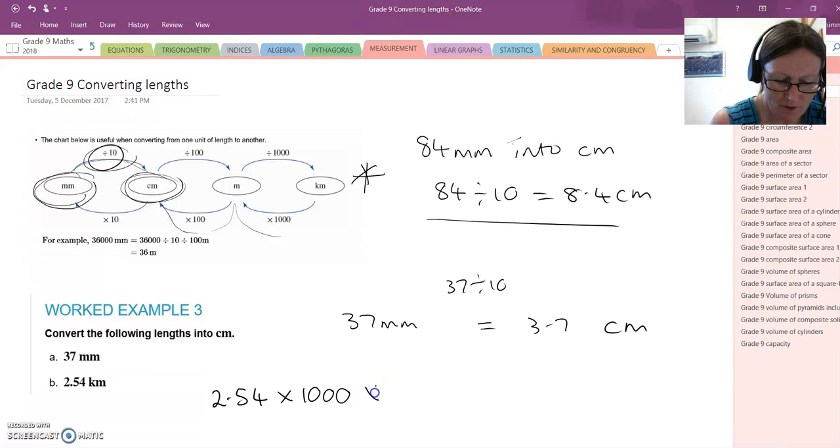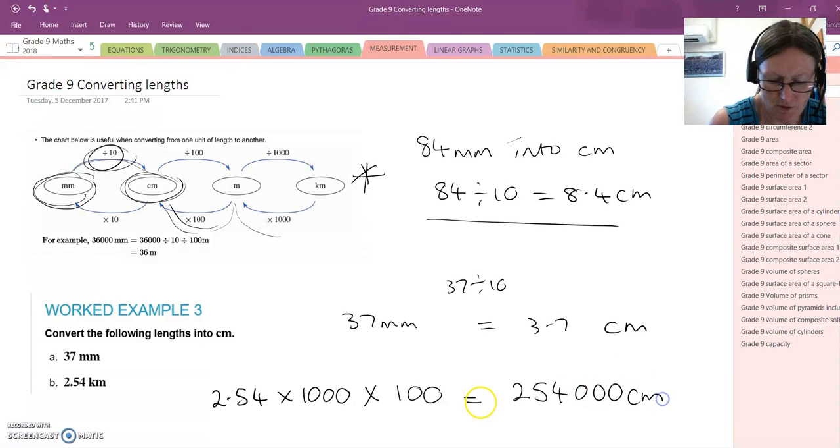And we would then have to times that by 100, because there is 100 centimetres in a metre. So with our 2.54, we times it by 1,000 and we then times it by 100, and that would tell us how many centimetres it is, which is 254,000 centimetres when we calculate that.